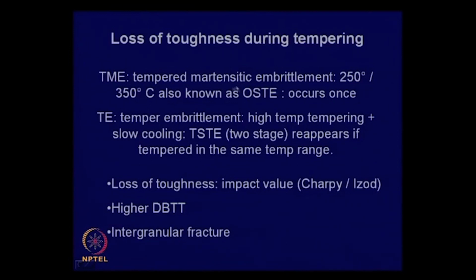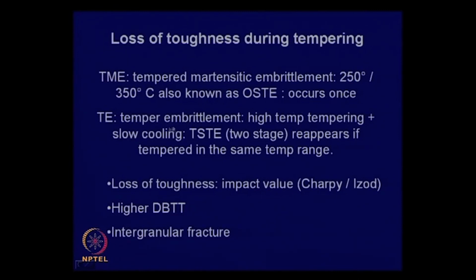They are some kind of precipitation, and sometimes the kinetics is such that it is fastest at around 250, and with some alloy additions it can change to 350, and this type of embrittlement is also known as one step temper embrittlement. This occurs once only during tempering.